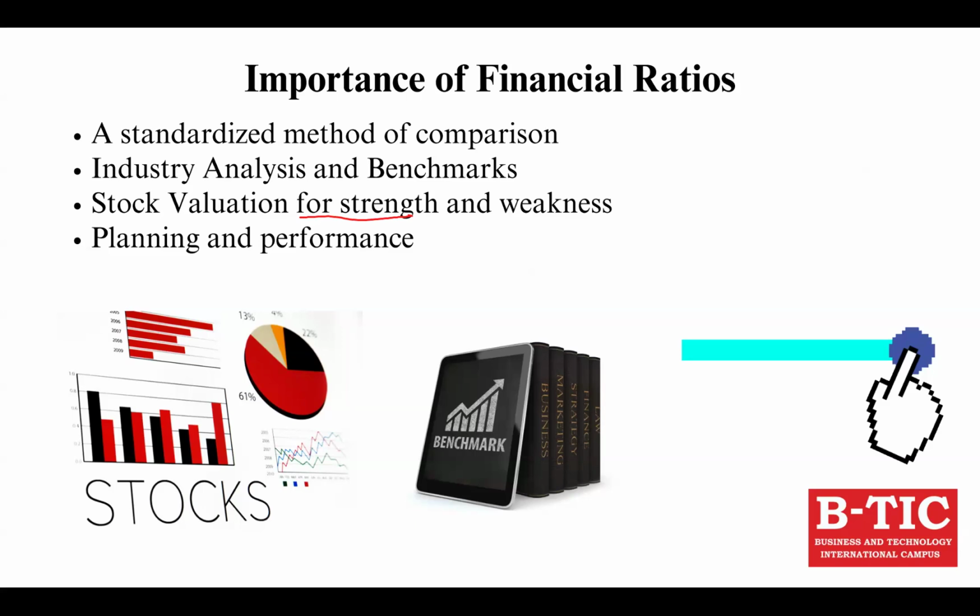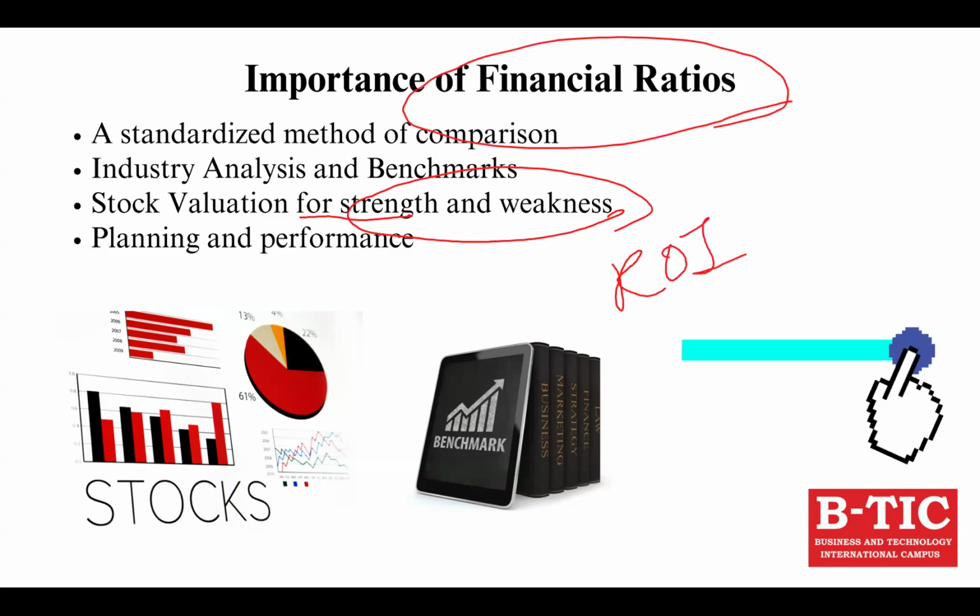So when investors are seeking to invest in companies, they will definitely evaluate the strengths and weaknesses of a company. You can't blindly invest in a company. You should find out which company has the potential to make more profit, which company has the potential to give you a better return on your investment, which is known as ROI. So all these can be analyzed via financial ratios.